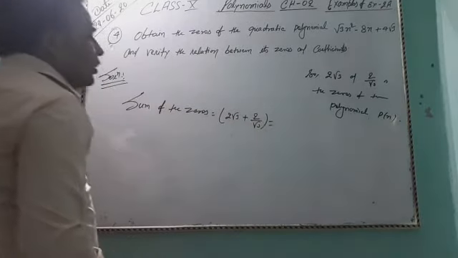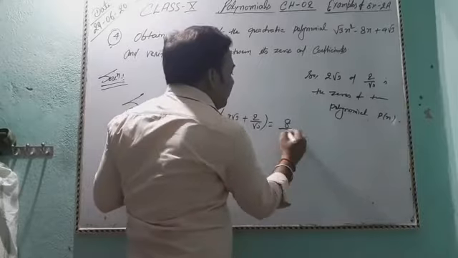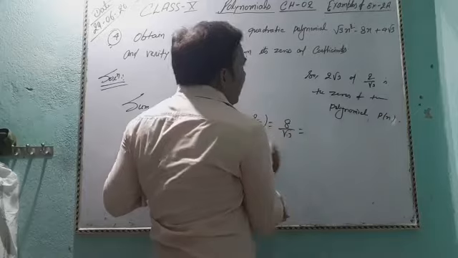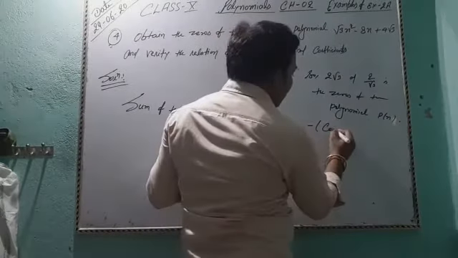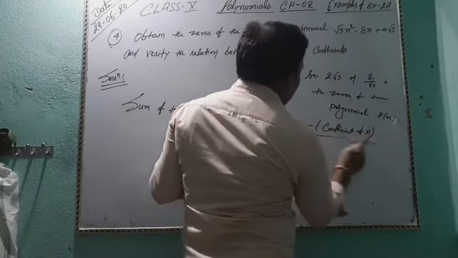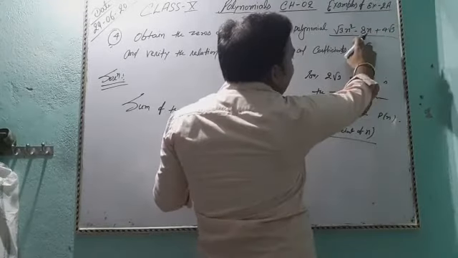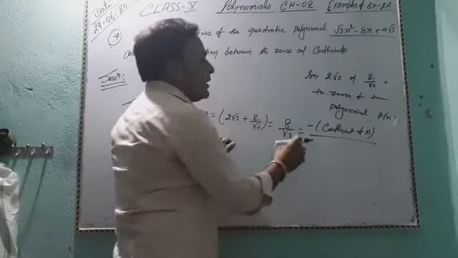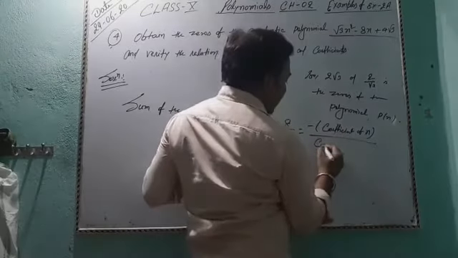Okay, so √3 times √3 is 3, 3 twos are 6, plus 2 is 8/√3. So 8/√3 equals minus the coefficient of x. In √3x square minus 8x plus 4√3, minus 8 is the coefficient of x, and √3 is the coefficient of x square.